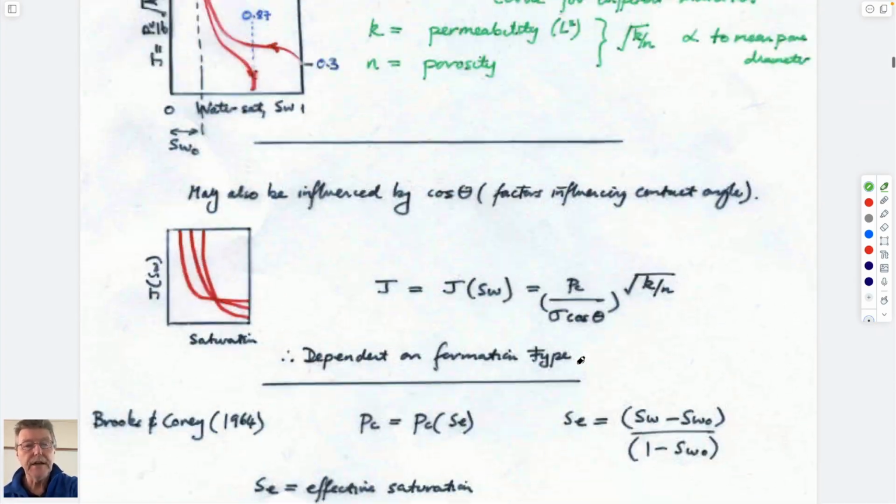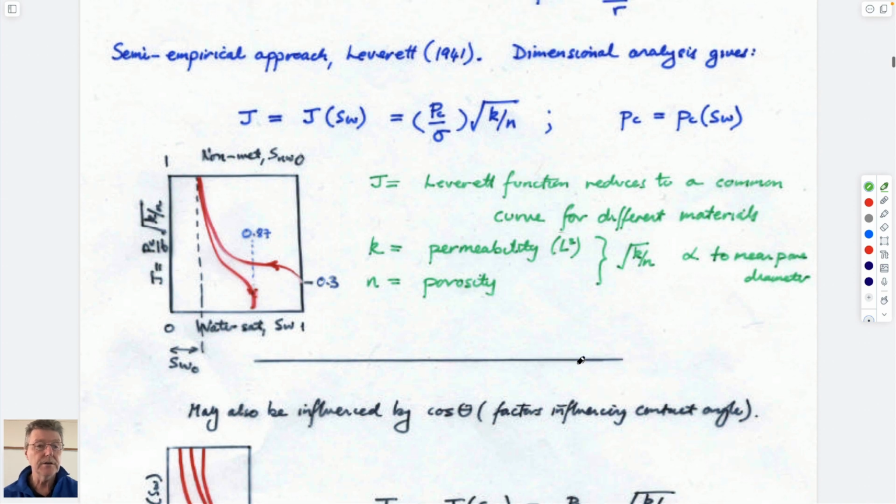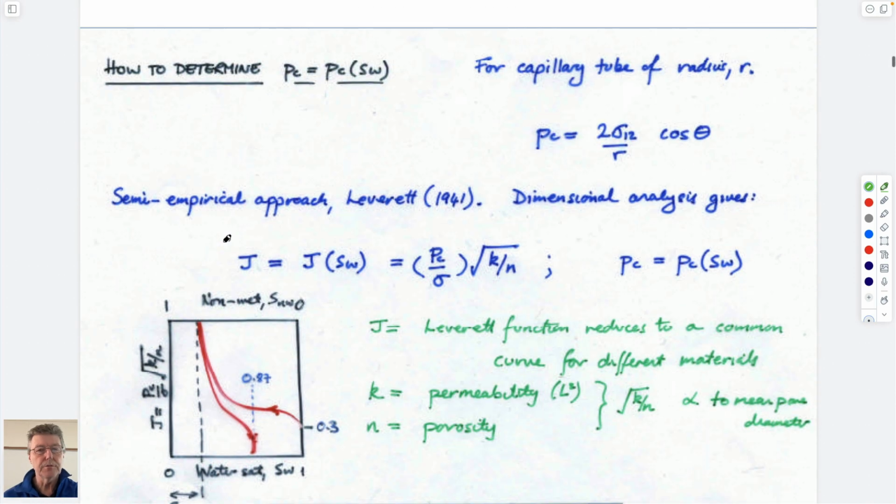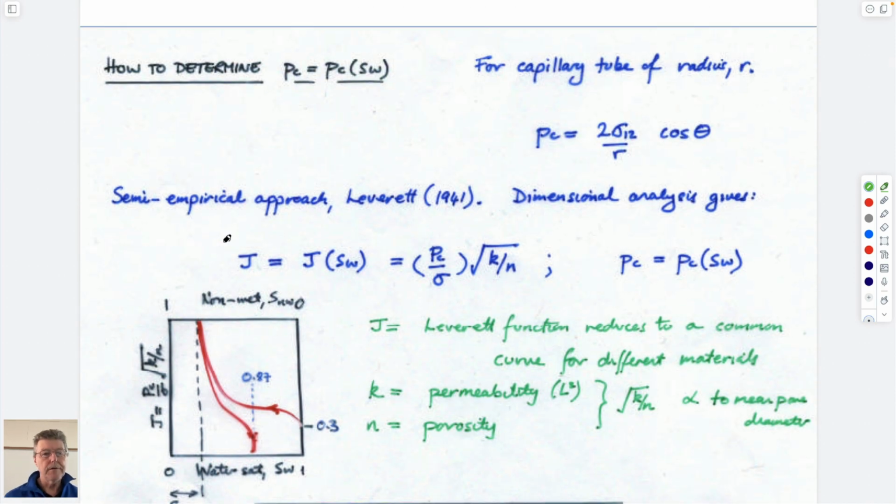And so the characteristics of this are shown here, and we can label these terms. It's perhaps worthwhile doing this. Again, you see here, the saturation of the non-wetting fluid goes from 0 to 1. The saturation of the wetting fluid goes from 0 to 1, but in the opposite direction.